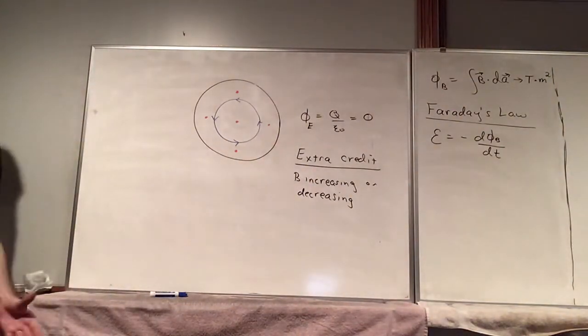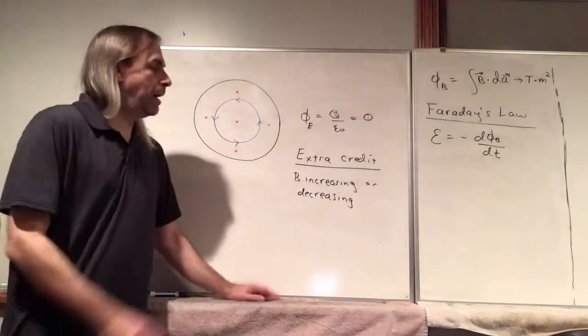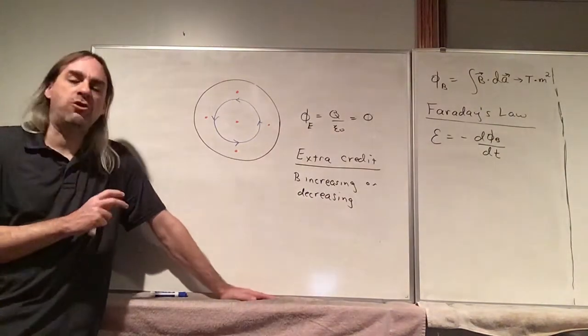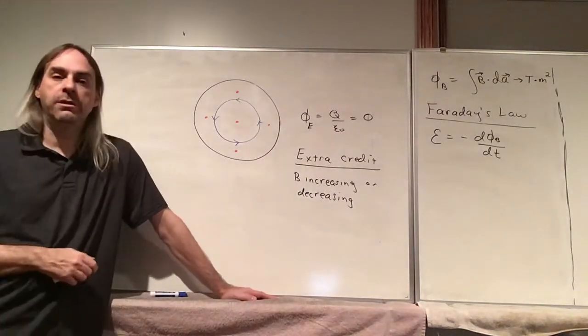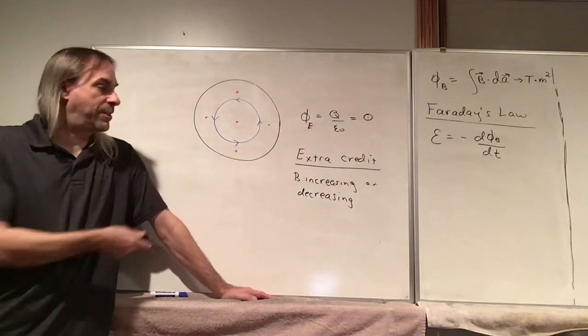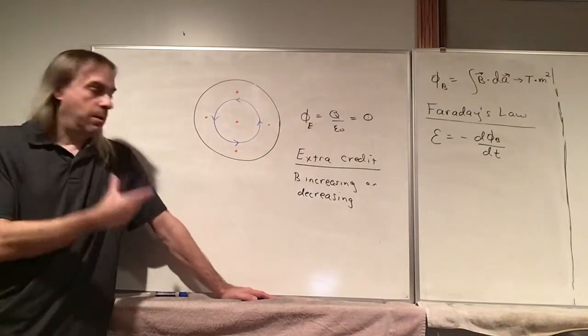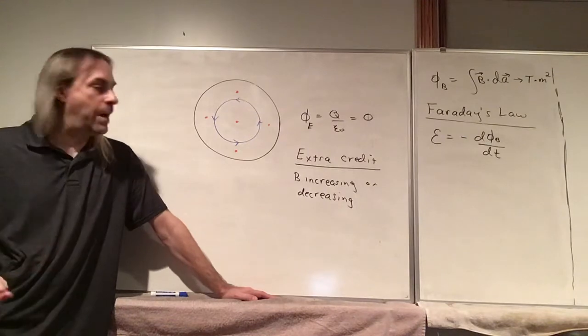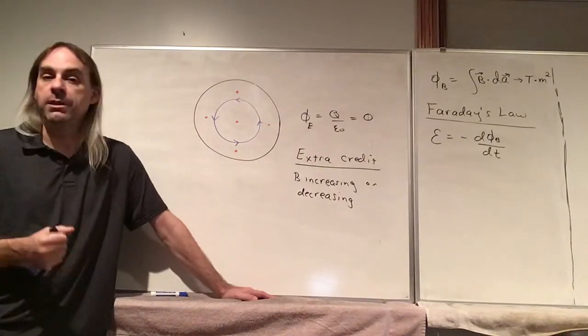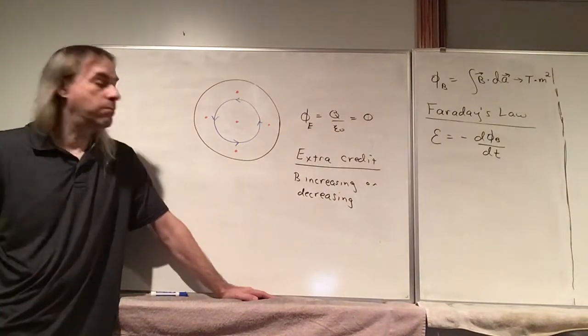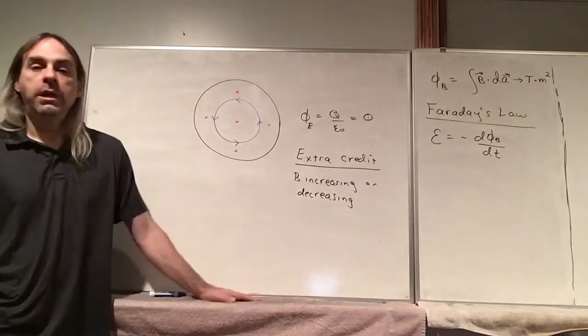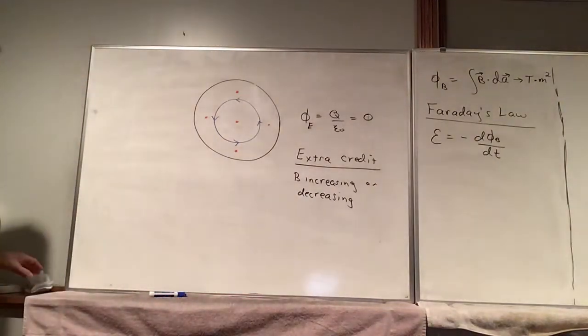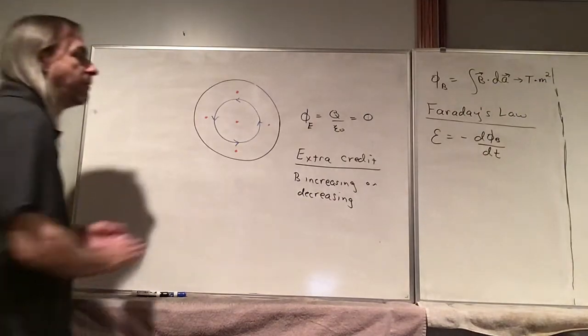So this is a Lenz's law problem. I'll put a quiz on Canvas where it's going to be a simple multiple choice. Based on the problem in the lecture, is the magnetic field increasing or decreasing? And in magnitude. And so again, that's an incentive to watch the video.